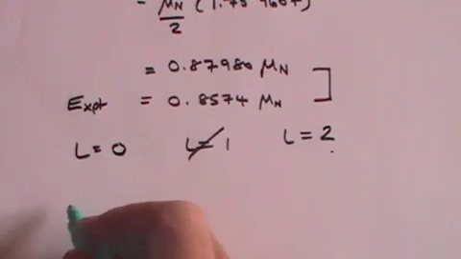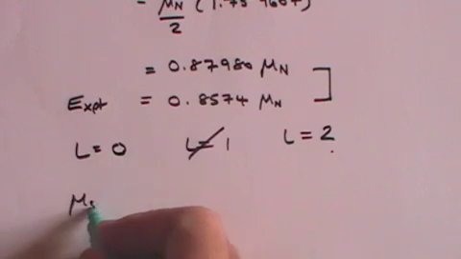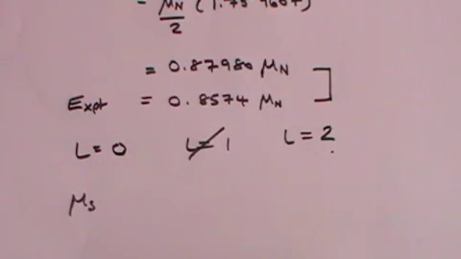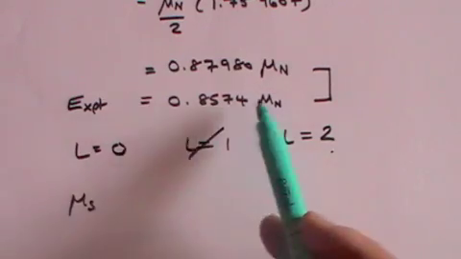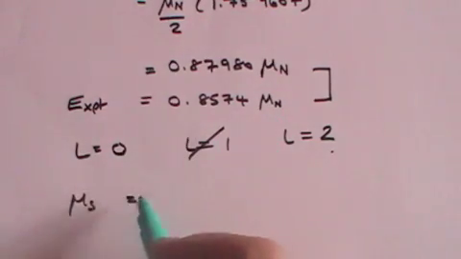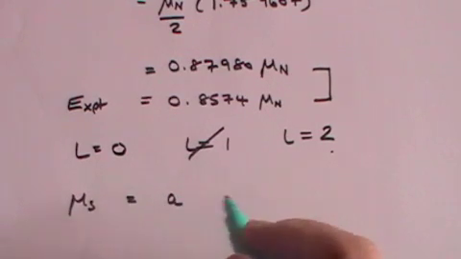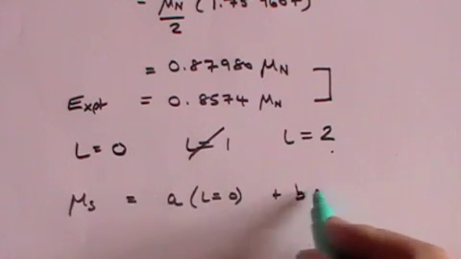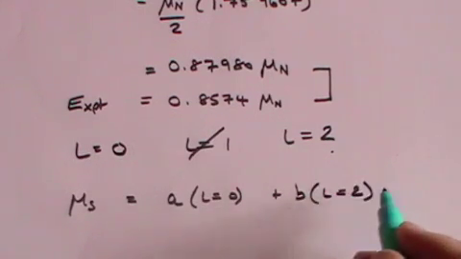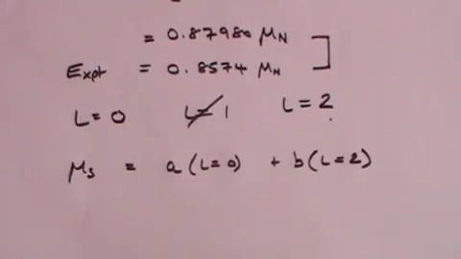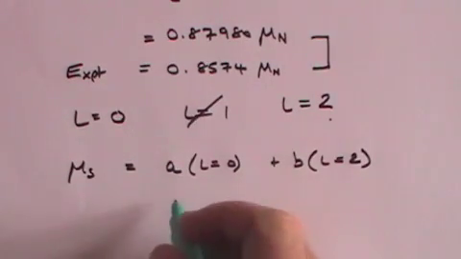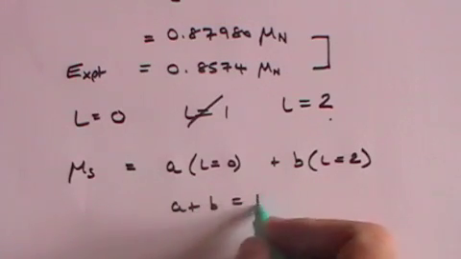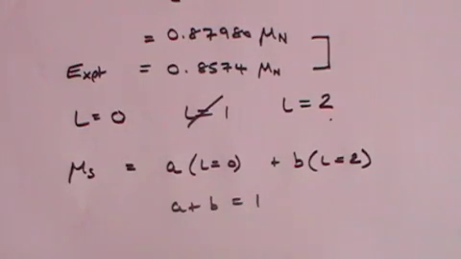Well, what we would be saying is that the total magnetic moment for the deuteron, measured experimentally, would be equal to a proportion A of L equals 0 plus a proportion B of L equals 2. And of course, since those proportions must add up to 100%, that means that A plus B must equal 1.